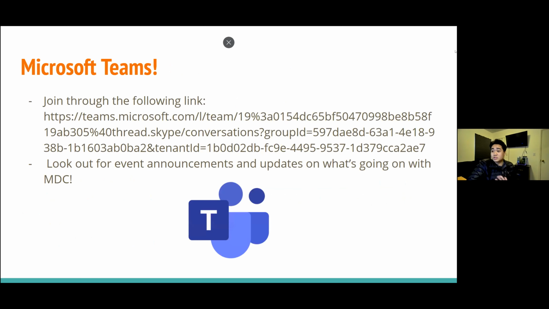Okay, Microsoft Teams. So I know a lot of clubs use GroupMe, Slack, or just anything. We're using Microsoft Teams. We really like Microsoft Teams because it's already integrated with your Cal Poly email. So if you use OneDrive, all your OneDrive stuff is there. Calendar events too.